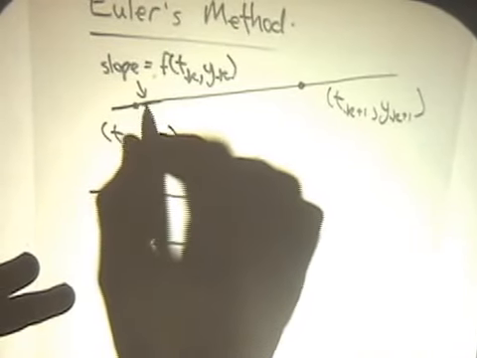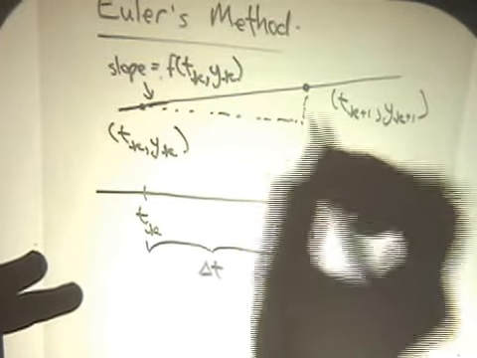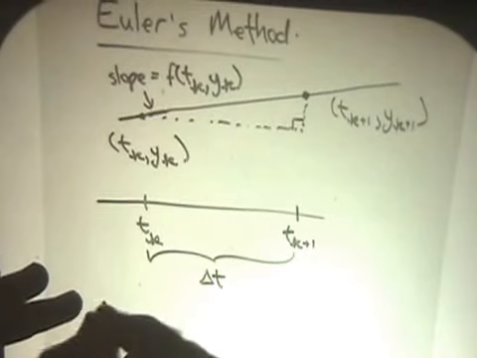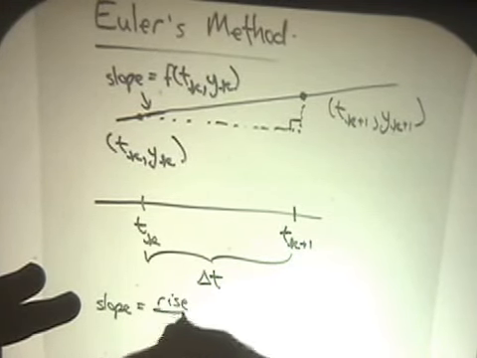The y-coordinate, we need to recall a basic fact from your junior high and high school days. Draw a right triangle in there, that the slope of a line segment is rise over run.